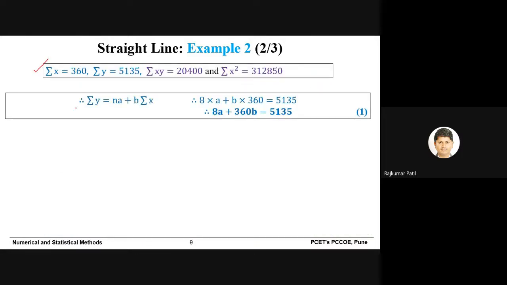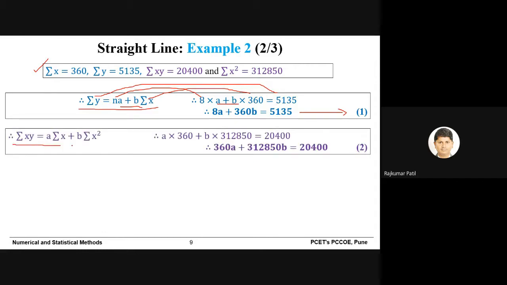Then by using the first normal equation, you can see n is 8 in this case. a and b are unknown. Summation x is 360 and summation y is 5135. Upon simplification, you will get 8a + 360b = 5135 as equation number 1.